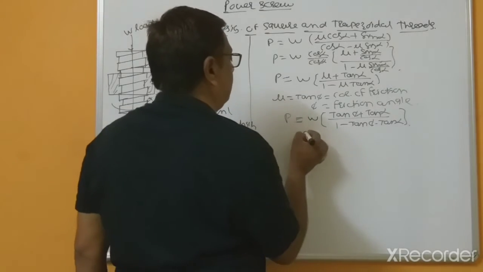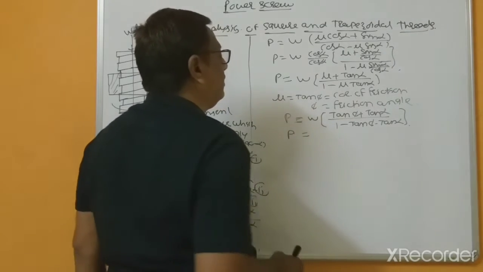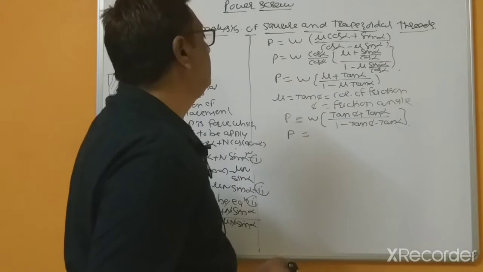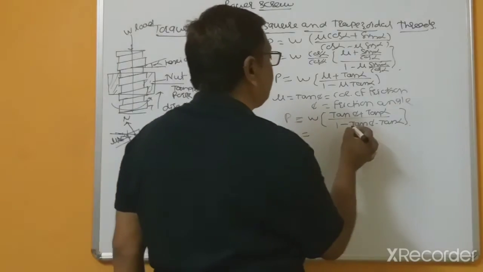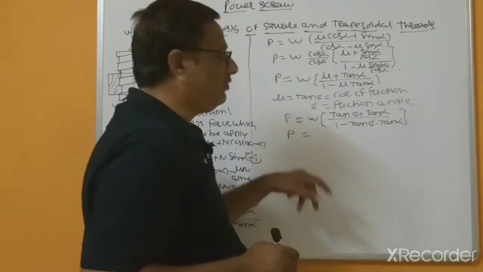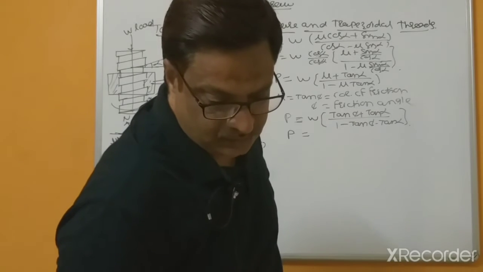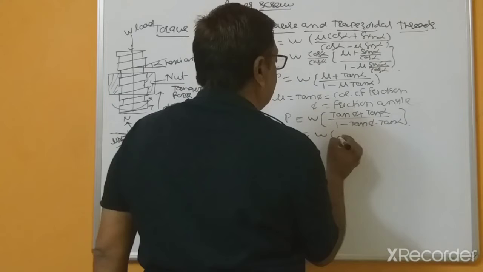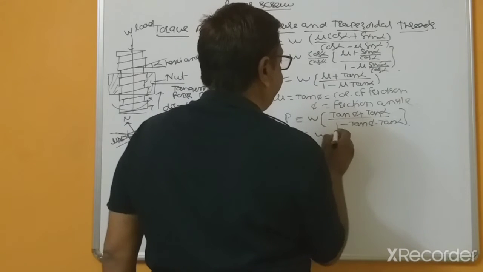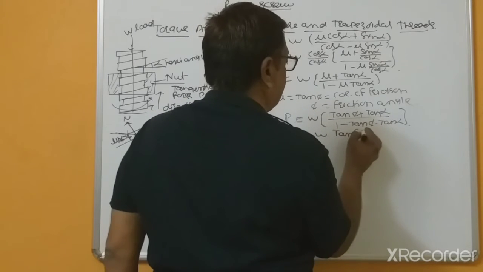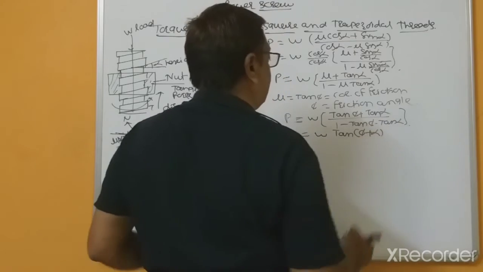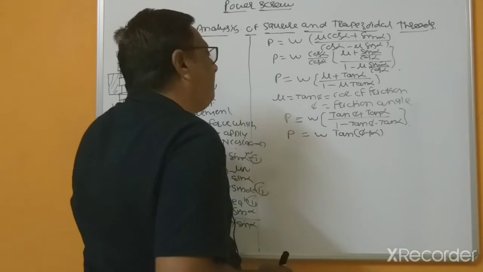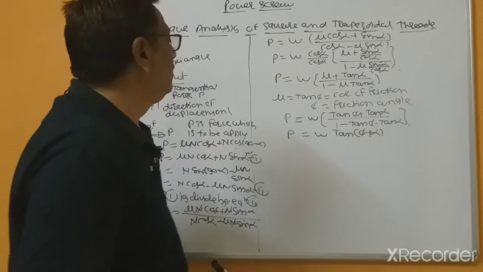Right? Now this is the formula for tan of phi plus alpha, so P equals W tan of phi plus alpha.